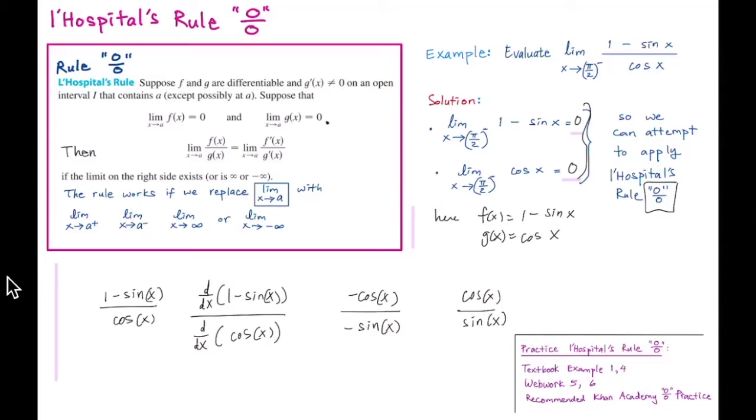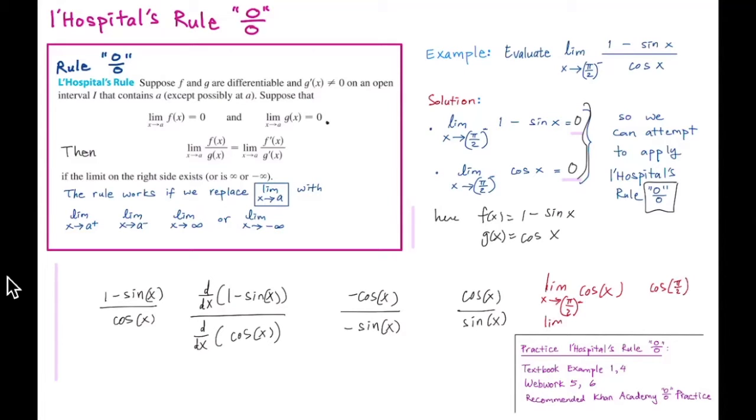And I see that if I were to take the limit of cosine x as x approaches pi over 2 from the left, this is the same as cosine of pi over 2.